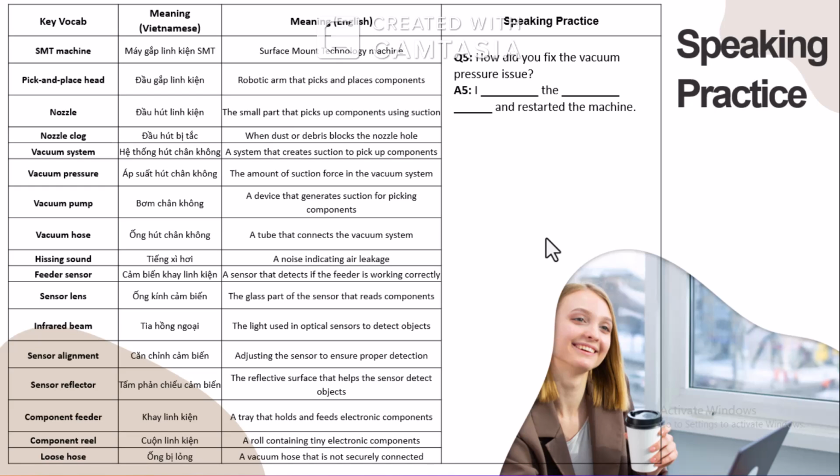How did you fix the vacuum pressure issue? I secured the vacuum hose and restarted the machine. What error appeared after fixing the vacuum pressure issue? The feeder sensor error appeared.